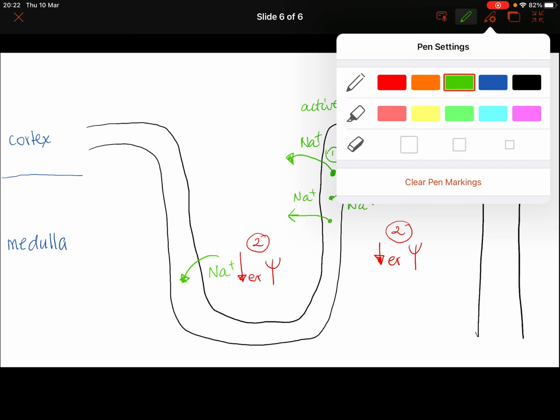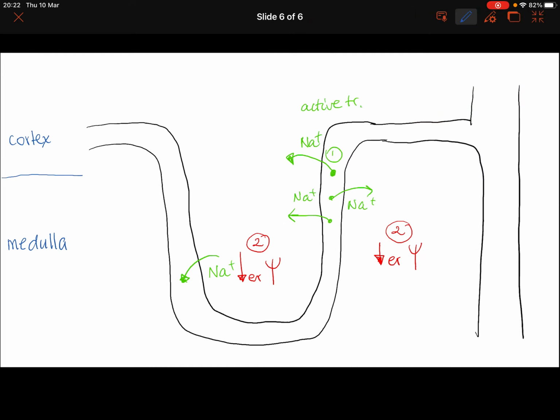So the second option that helps us out with the maintenance of that water potential is the fact that the water can come out of the descending limb by osmosis. Why is it possible? Because we had higher water potential in the descending limb, and remember, lower water potential in the space between them. So we've sorted out the left-hand side of our scenario.